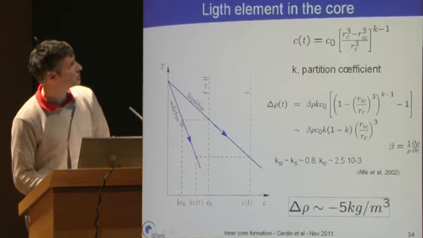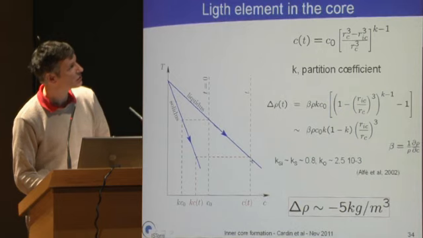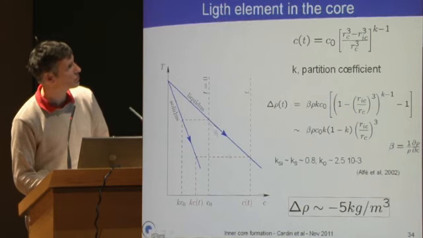And because the solidus, the inner core, is less concentrated in light element than the liquidus, the concentration in light elements increases during time, and the concentration of the liquid increases with time. So today, the concentration of light element inside the liquid core is higher than it was at the beginning of the inner core.